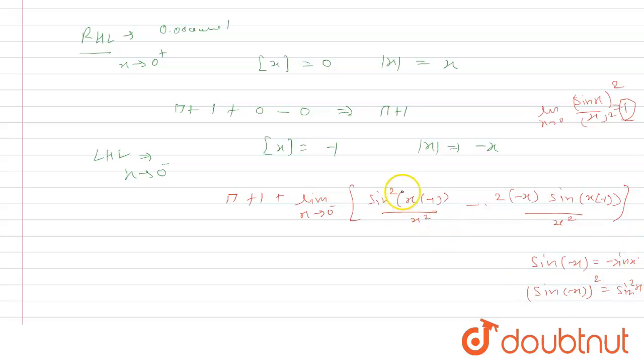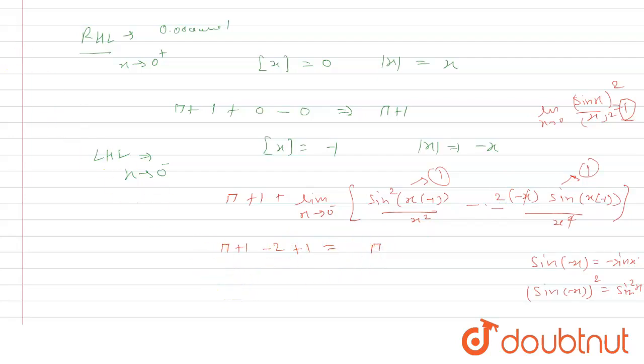So this value will be equal to 1, and here we have sin x upon x, which will also be equal to 1. So that means pi plus 1, putting 0, this will be minus 2, because it is 2 times, and plus 1. So that is equal to pi.